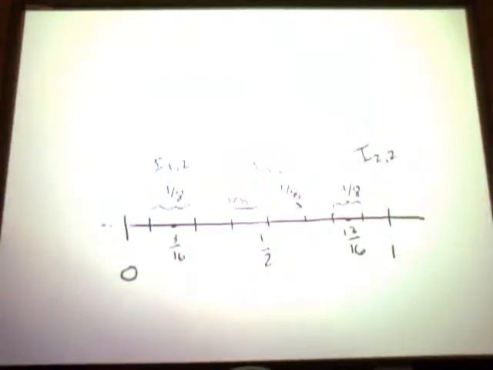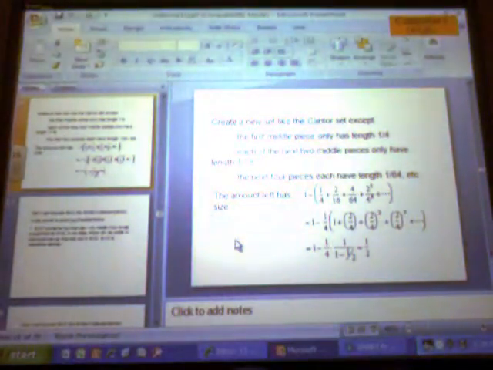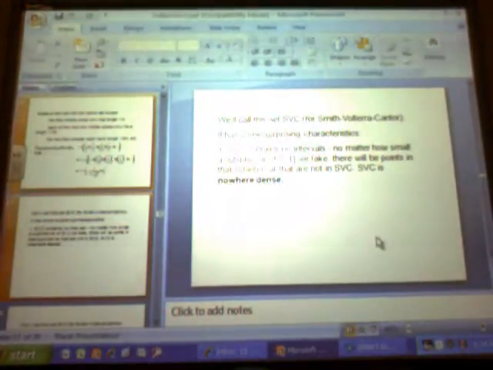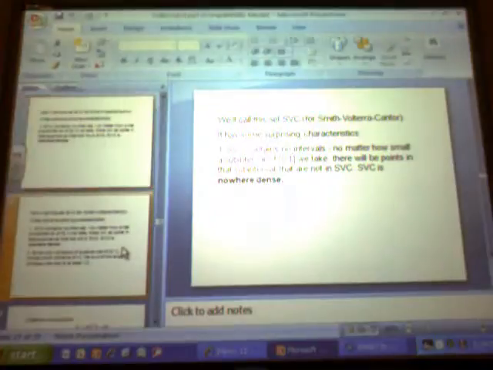All right. So this is much clearer now that we're doing questions. So we start out taking away a quarter, and there's the Cantor set. We're getting a set of positive measure 1/2, and that's the idea.